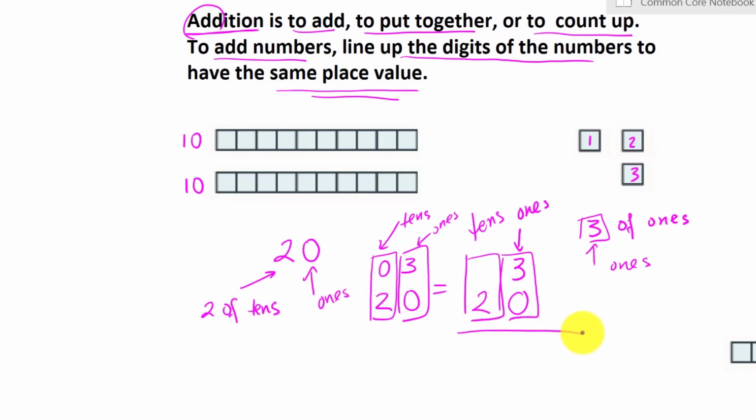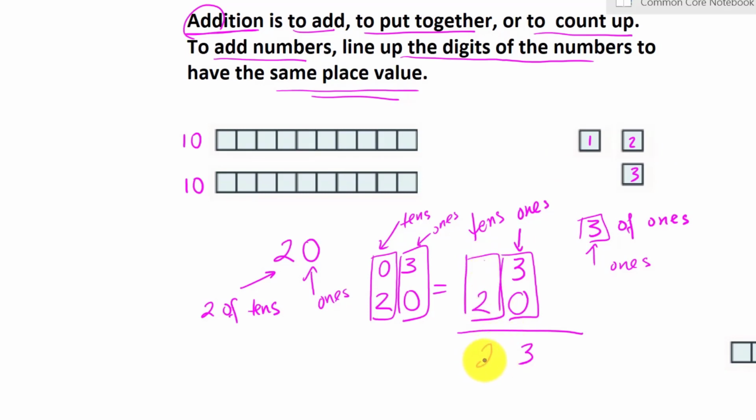So let's add it together. Let's count up. In this case, we have 3. Do we have any more over here? So what is 3 plus 0? 3 plus 0 gives us 3. Then over here, in the tens place, do we have any values? No, there's nothing there because there are no tens in this sample. So what is 0 plus 2?